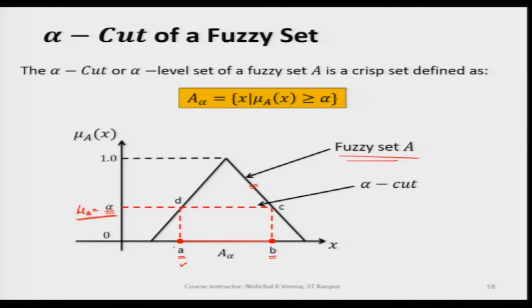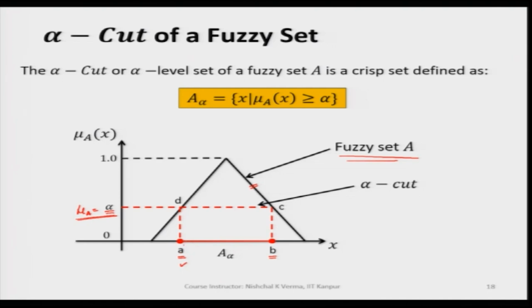Please understand that when we talk of alpha cut, we are not interested only in equality. We have a collection of all the generic variable values for which the corresponding membership values are more than or equal to alpha. So, all the points in between, even including a and b, will be included.